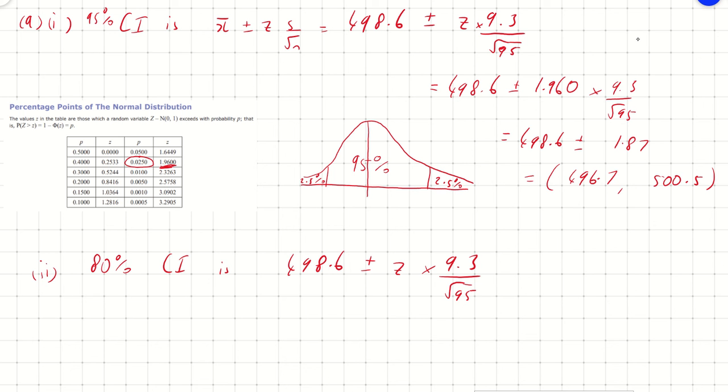But now z, for the 80% confidence interval, well, the formula, again we can do the diagram before, requires the 1 minus 80% over 2 p-value. So 1 minus 0.8 over 2.